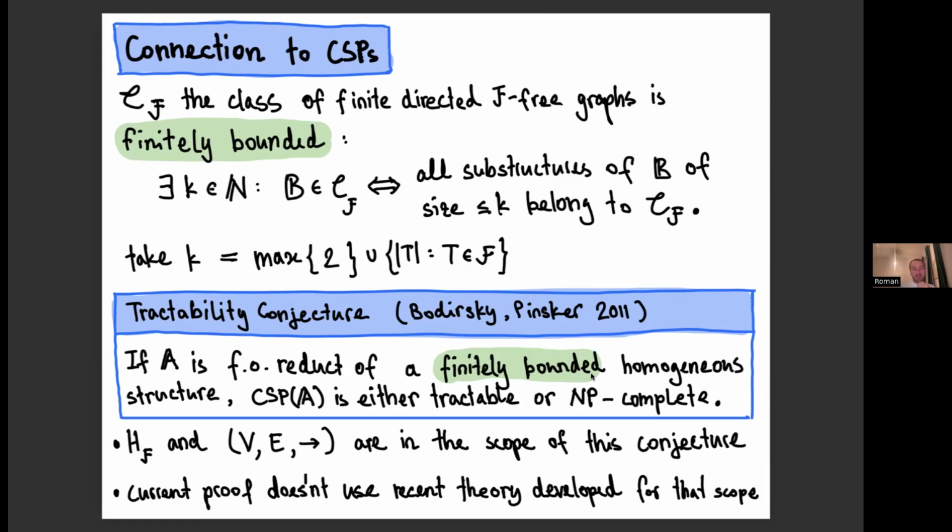What's, however, the case is that the proof by Manuel Bodirsky and Santiago Guzmán Pro does not use a recently developed technique or theory, which was developed to tackle this tractability conjecture, but was rather proved by an ad hoc reduction.